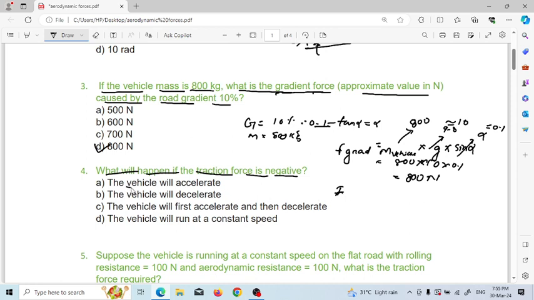The options are vehicle will accelerate, vehicle will decelerate, vehicle will first accelerate and then decelerate, and option D, vehicle will run at constant speed. The question asks, if traction force is negative, we know net force is equal to F traction force minus F rolling force minus F aerodynamic force.